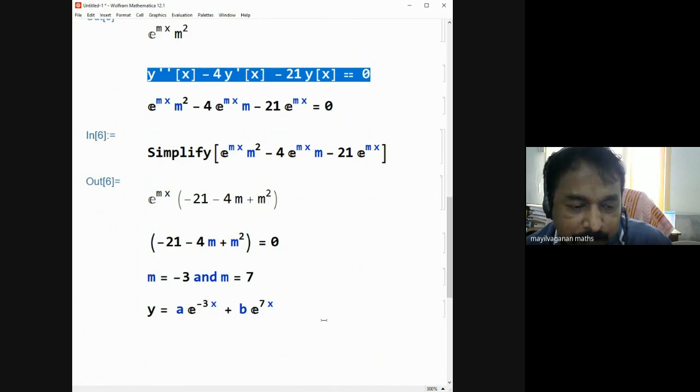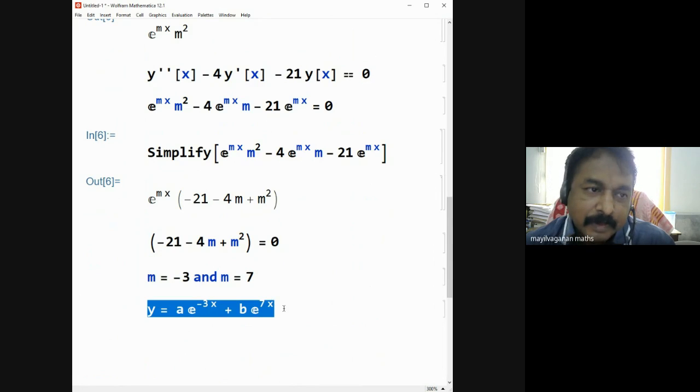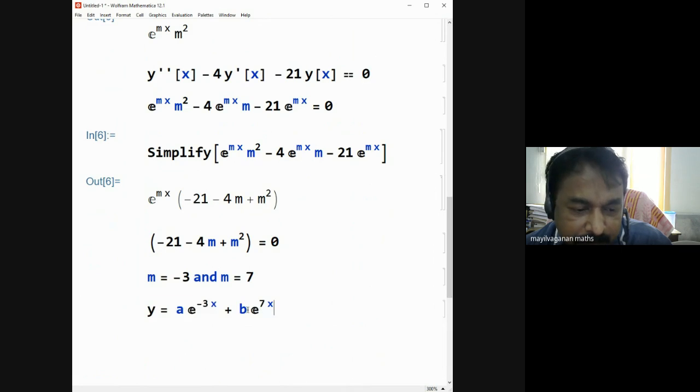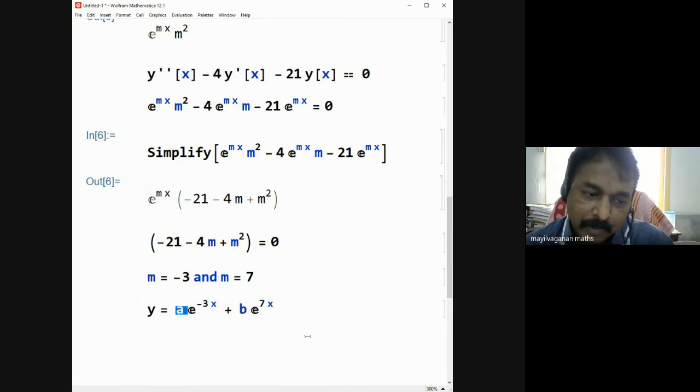So we have understood the relations between numbers, polynomial, algebraic equation, differential equations, and its general solution. And this solution is called general because the order of the equation is 2, and this equation has got two arbitrary constants a and b.